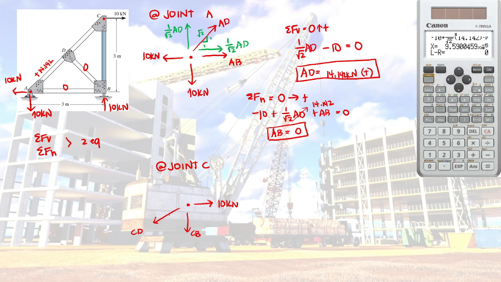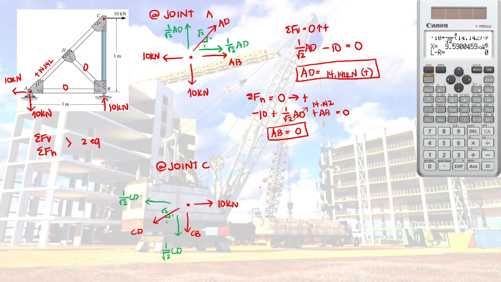Again, components: this is 1 over square root of 2 also. So the component here would be 1 over square root of 2 CD, and this one is also 1 divided by square root of 2 CD.